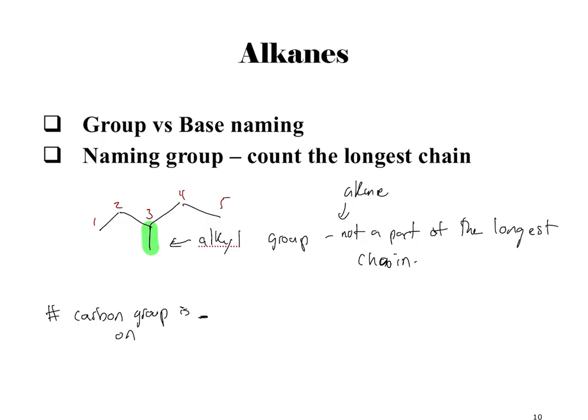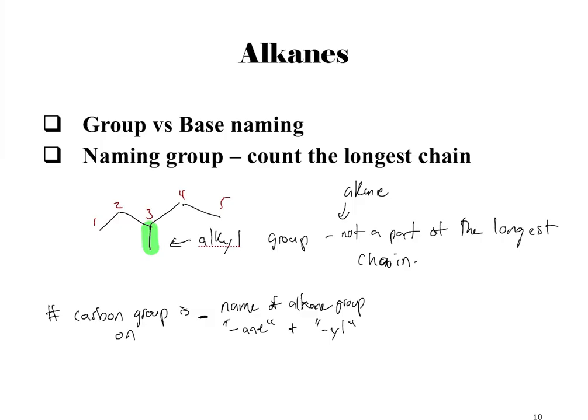Then you put the name of the alkane group, and you subtract the ANE ending, and then you add the YL ending. That indicates that alkyl group, right? That's where alkyl comes from. It's not an alkane, it's an alkyl group. This carbon group is not a part of the longest chain. It's a substituent group on the parent chain or the main chain of the molecule, right?